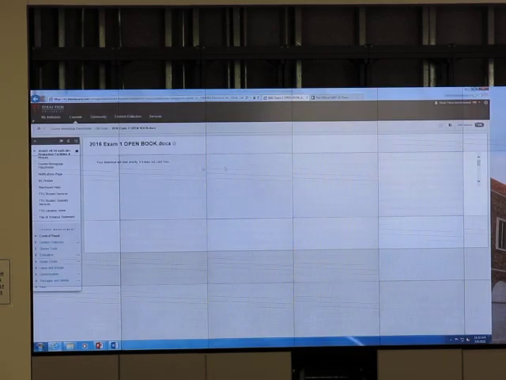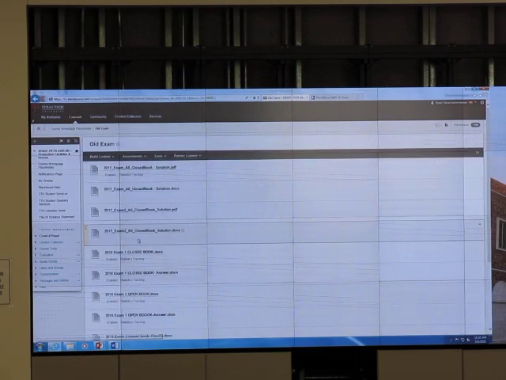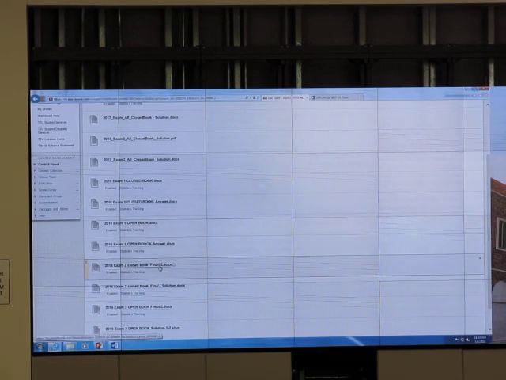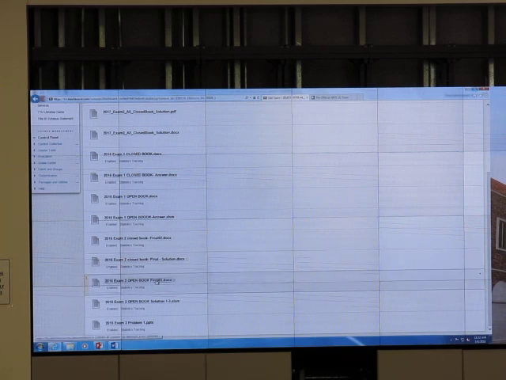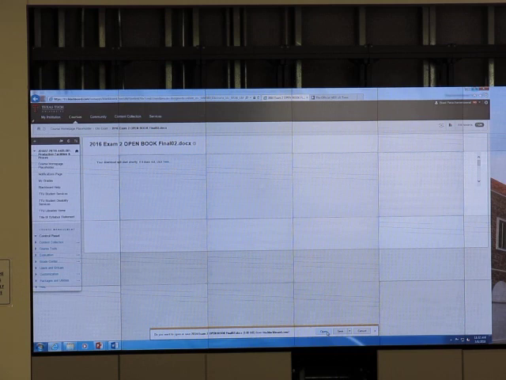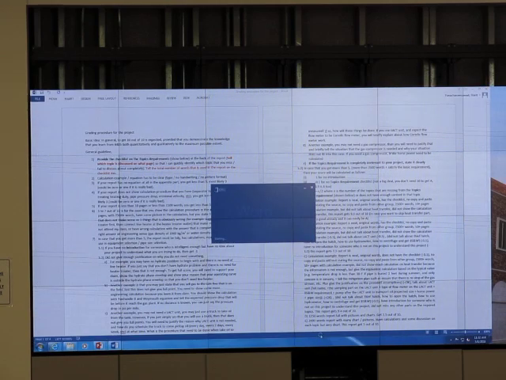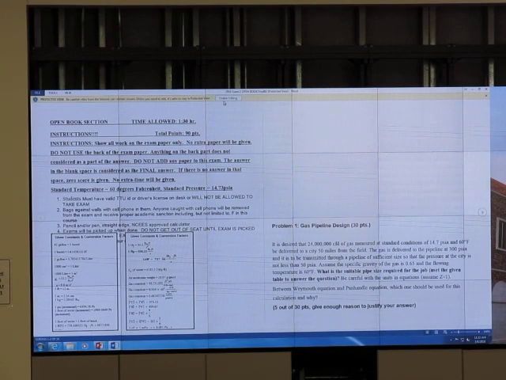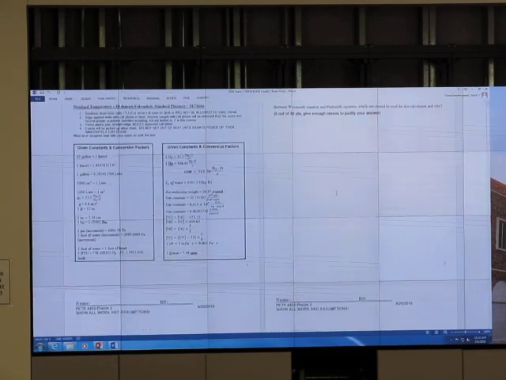Maybe second one. Exam 2 open book. Gas pipeline design.